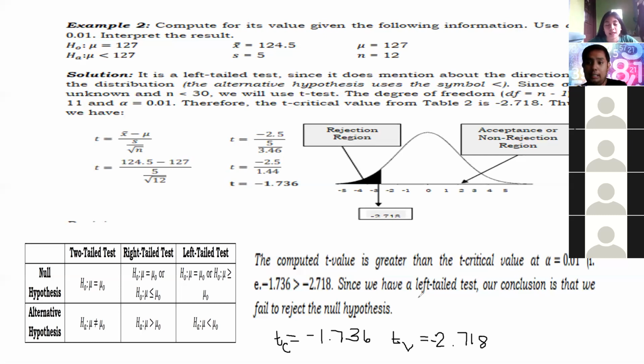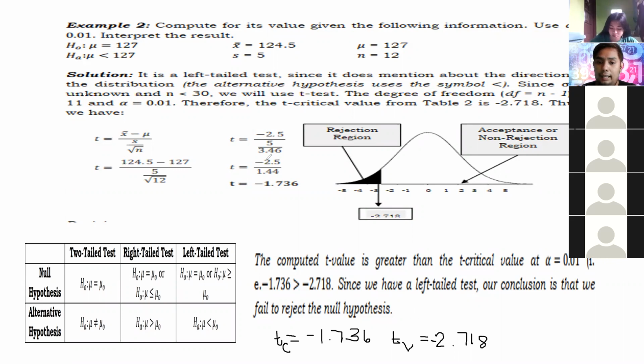Fail to reject the null hypothesis. Kasi mas malaki technically si computed. Kasi tandaan natin pag negative, mas maliit ang value, mas malaki. Okay? Kaya naging negative, gagawin rin natin negative yung ating critical value.